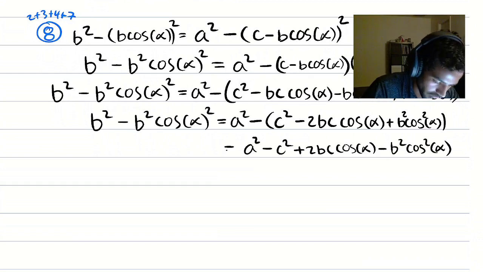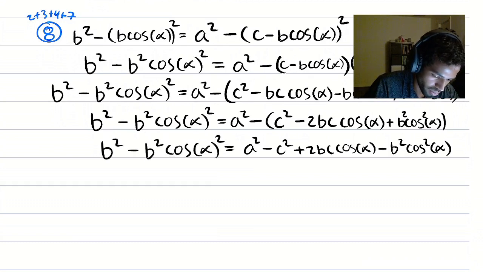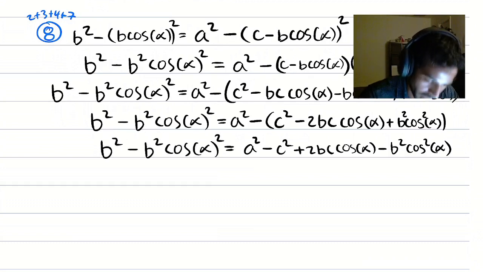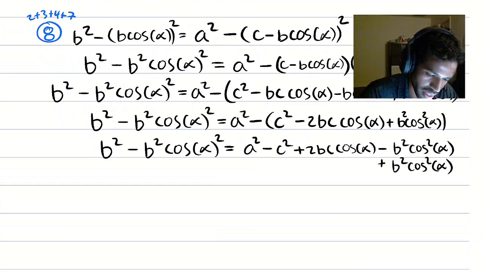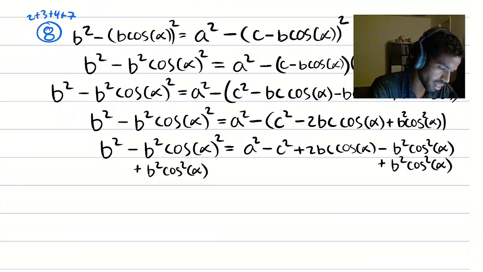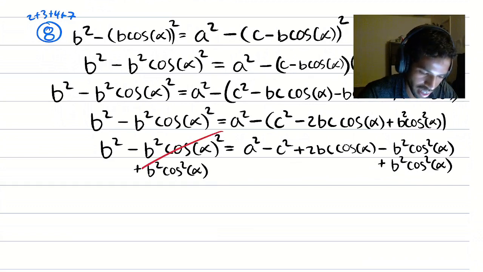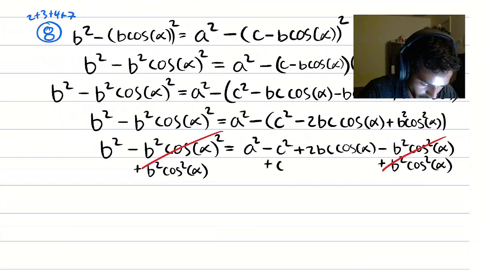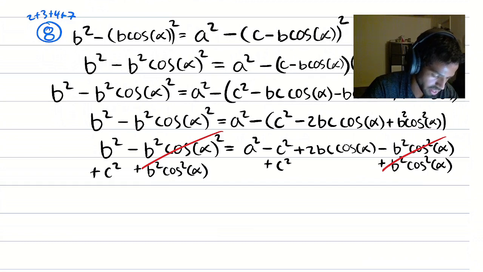Okay, so now what I'm going to do, again, keep copying everything down here, is I'm going to add b squared cosine squared alpha to both sides. So when I add it to this side, that cancels that out. And since I added it to the other side as well, that canceled that out. Okay, so now all I have to do is move these two over. So plus c squared, and it's not like terms, so we'll just do plus c squared.